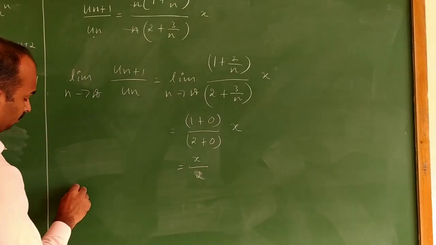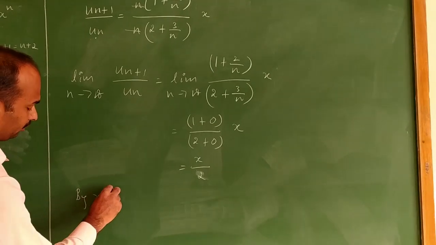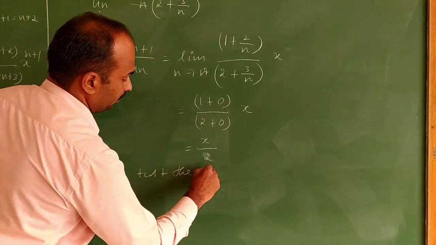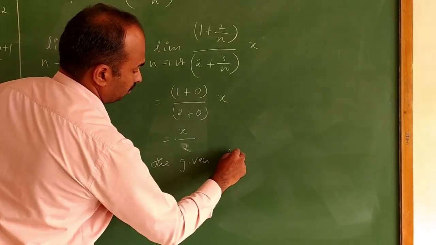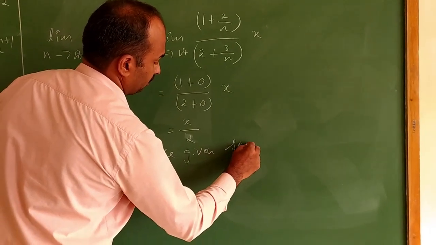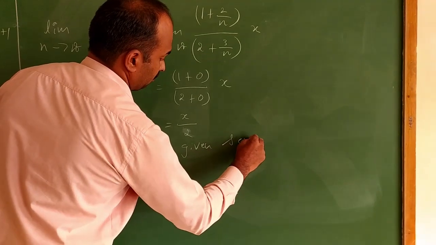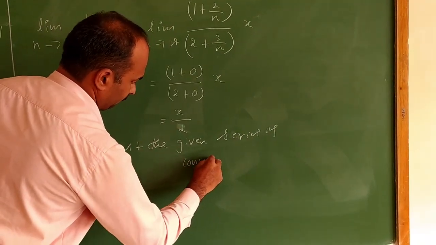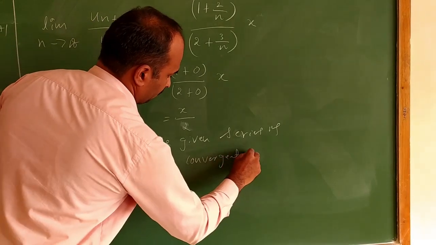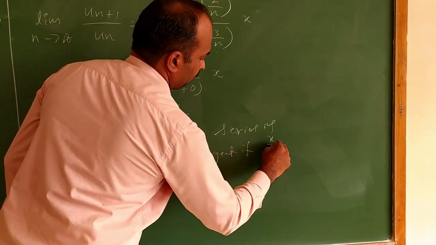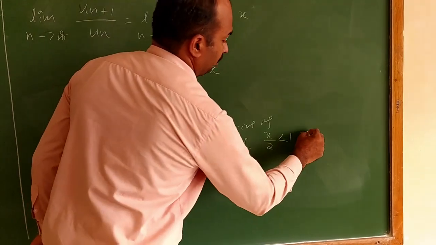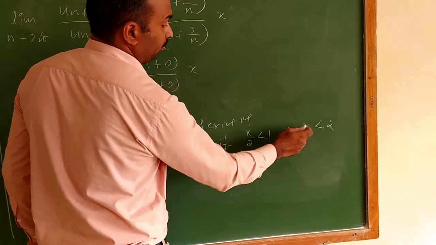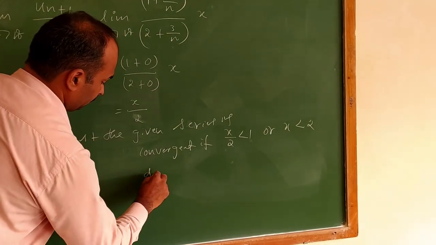x by 2. So therefore, by the ratio test, the given series is convergent if x by 2 is less than 1, or x is less than 2. When you cross multiply it, it becomes x is less than 2.